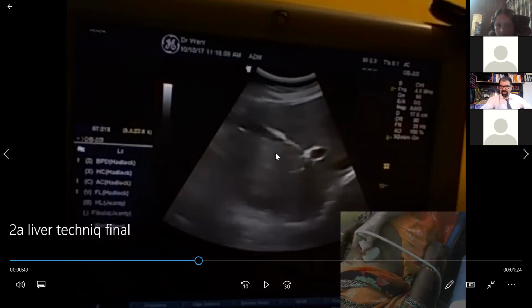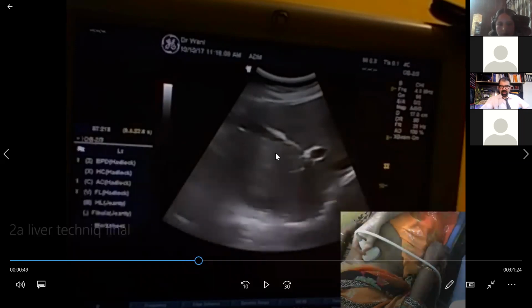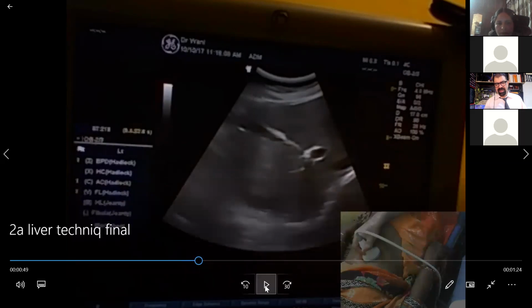Which part of the liver am I cutting, superficial or deep? Mid part, sir. Yes, somewhere in the mid part, but not the superficial one. Make a note that whenever you are seeing more of the hepatic veins, you are more superficial. When you are going to the gallbladder, you are in the deeper section.